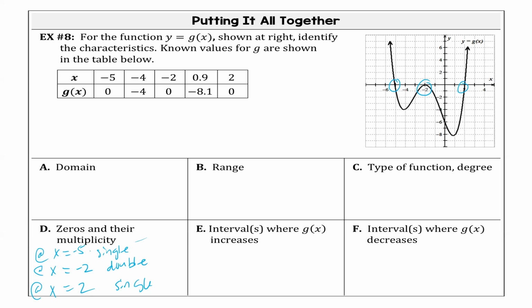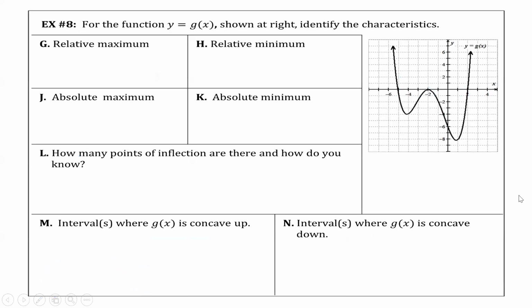All right, so I'm going to give you 2 minutes. State the domain, the range, identify the type of function. And then you have the relative maximum, relative minimum, absolute maximum, absolute minimum, if it exists.